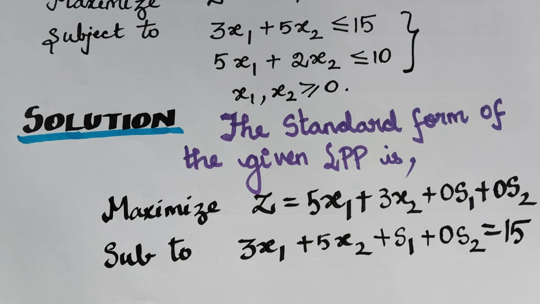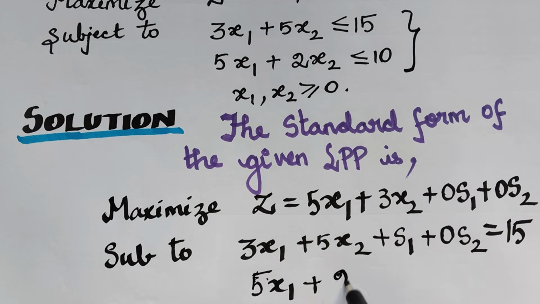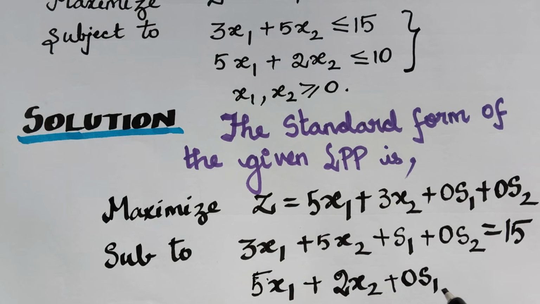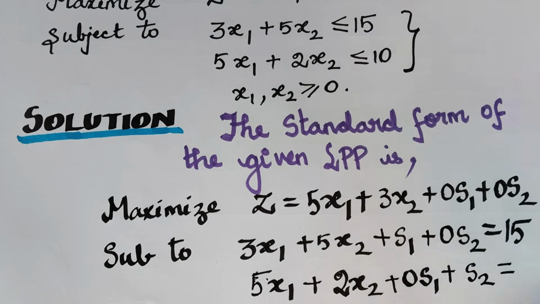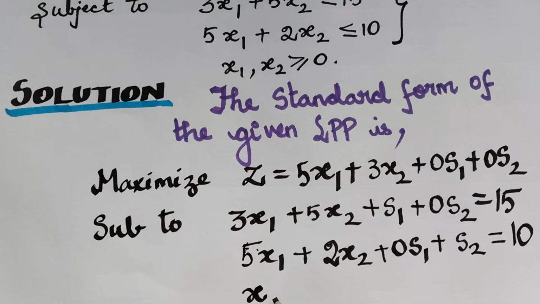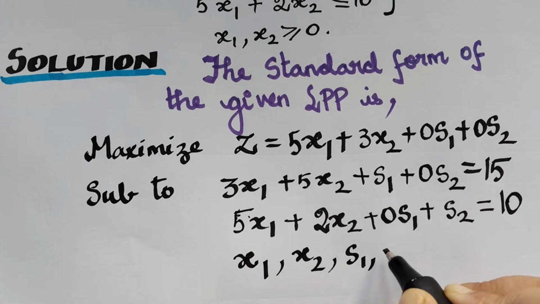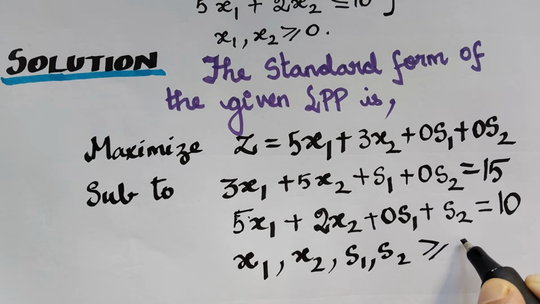And in the second constraint, let us write 5x1 plus 2x2. We have to add s1 with coefficient 0 in the second constraint and s2 with coefficient 1, and the right hand side is 10. We do so in order to form the matrix 1 0 0 1. So this is the standard form of the given problem where these variables x1, x2 and s1, s2 that we introduced are all greater than or equal to 0.